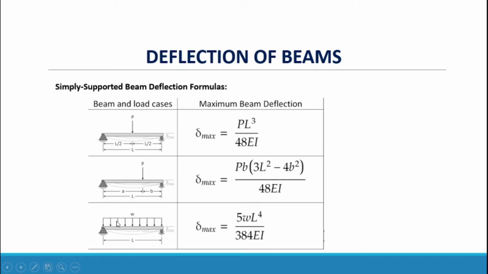Another case, we have the uniform load on a simply supported beam, and as we discussed, the maximum deflection is equal to 5WL to the fourth all over 384 EI.